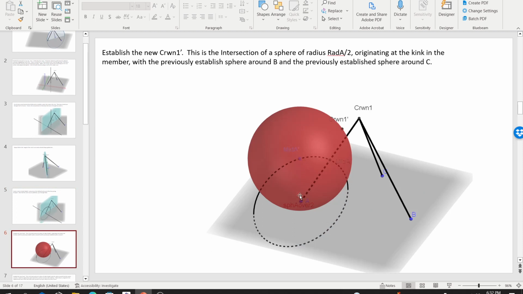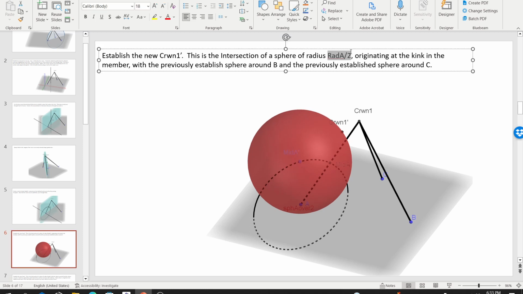I have a strut, not shown here, going from A to mid A prime. It's constrained to move on that circle. Then I created another sphere of radius the length of A over 2. That's this sphere. And I find where it intersects the original sphere around B and the original sphere around C. And that's my crown 1 prime.